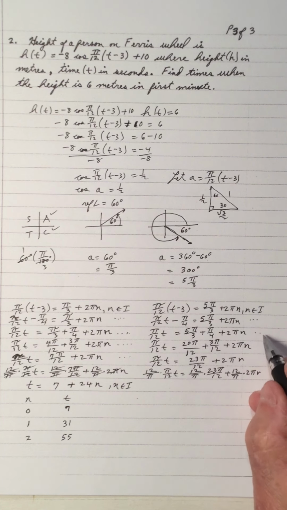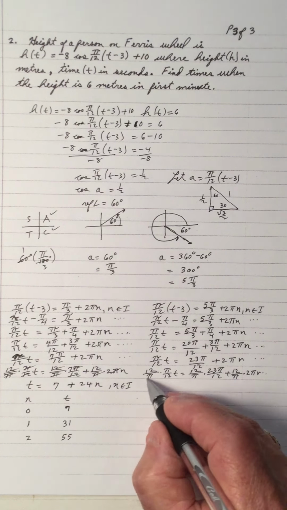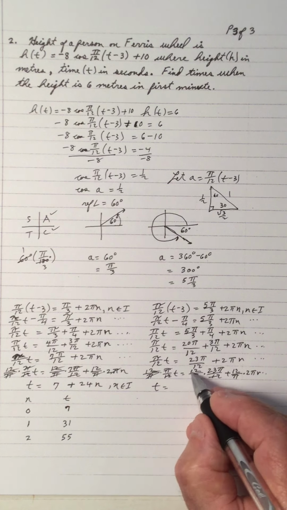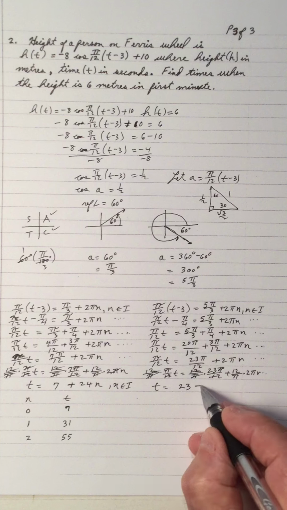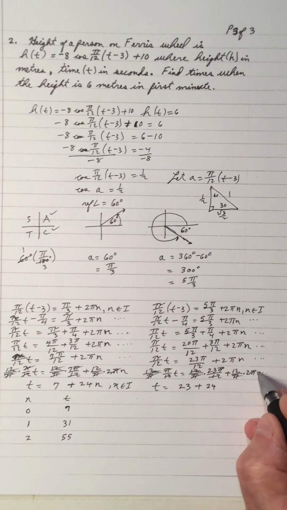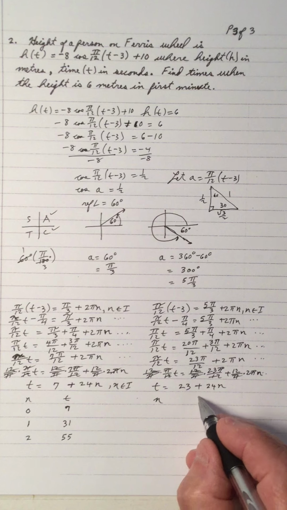And again, n belongs to the integers all the way down. So these all cancel out to get t. 12 cancels out, the pi cancels out to get 23, plus the pi's cancel out and I get a 24n. And we got n and t.